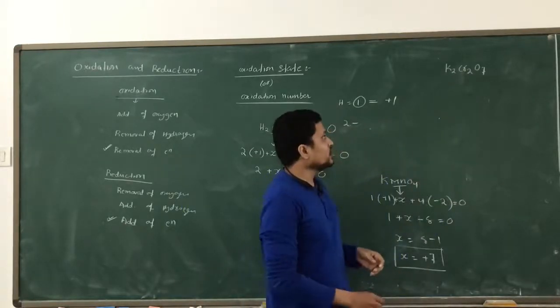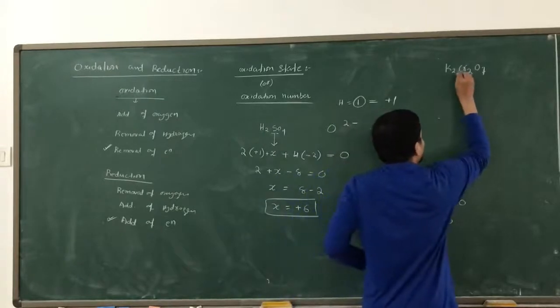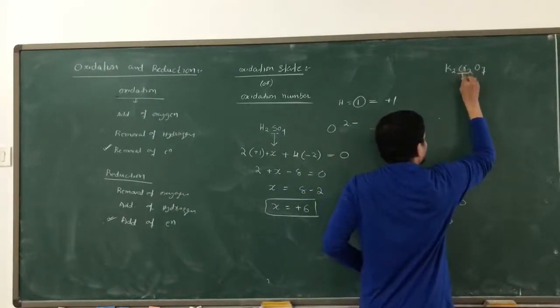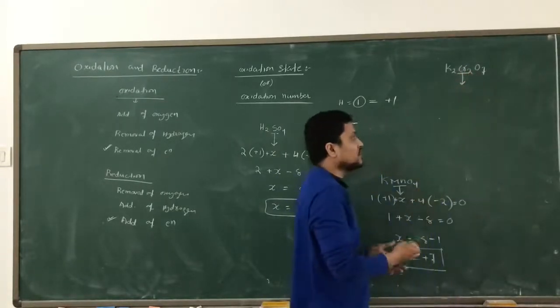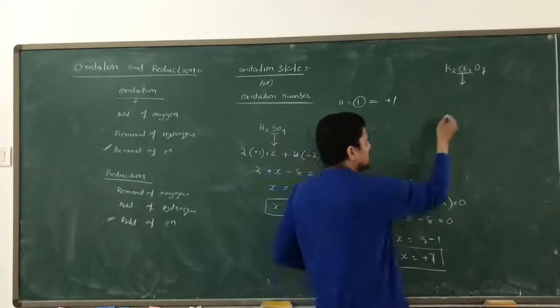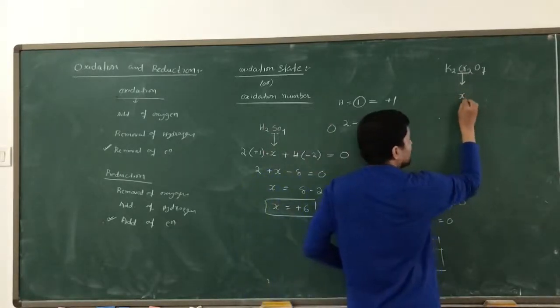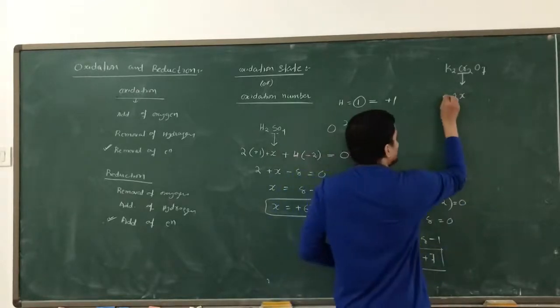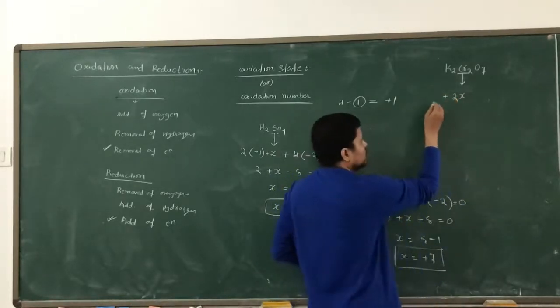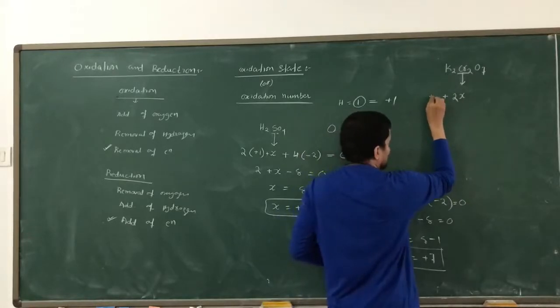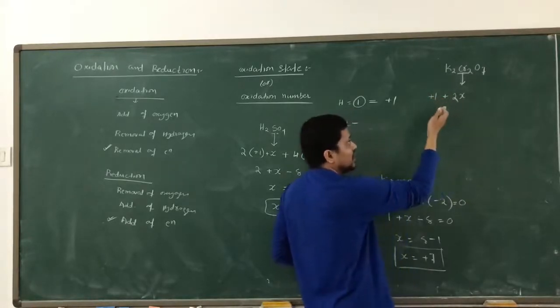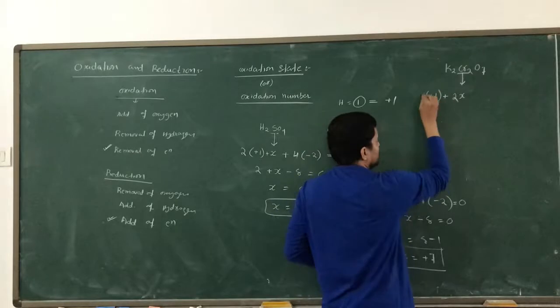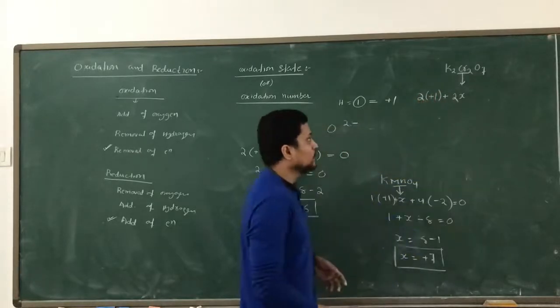In potassium dichromate, if they are asking for the oxidation state of chromium, which is the central atom, normally they ask for the central atom. So assume that central atom as x. How many chromium do we have? 2. So it is going to be 2x. And potassium is going to lose an electron. Every time potassium loses 1 electron to achieve the argon electronic configuration, so +1. 2 potassium we have, 2 into +1.